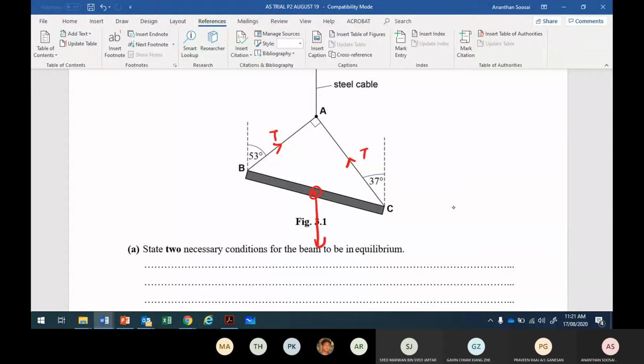You can't see the question paper? Suddenly not? Can you hear me? Can you see the image now? No? Okay, let me see.